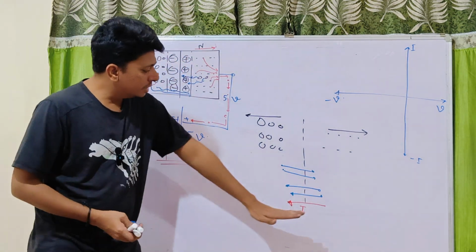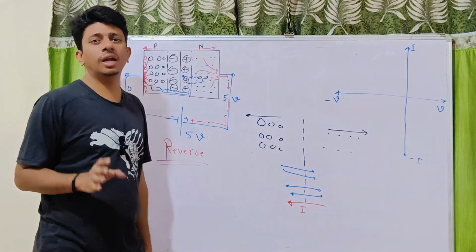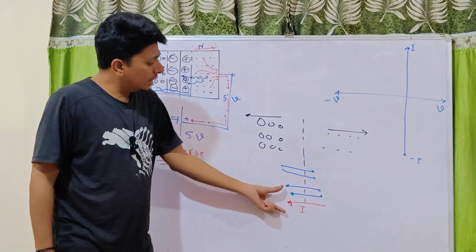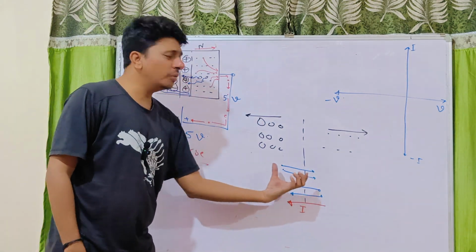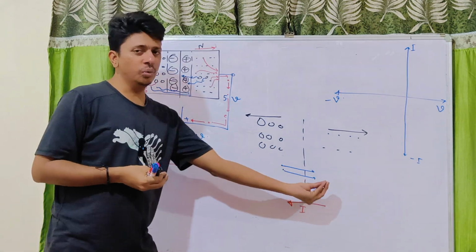Now tell me, is this I small or large? Definitely it is small, because this I is basically because of a few minority carriers, a few electrons and few holes.